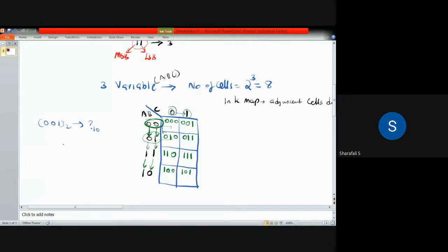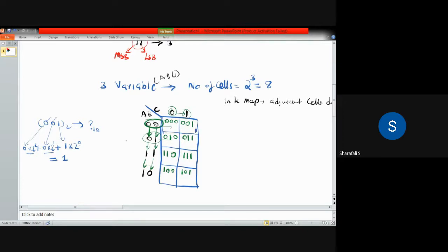We write 1 into 2 raised to 0, plus 0 into 2 raised to 1, plus 0 into 2 raised to 2. These two terms become 0, and 1 into 2 raised to 0 is 1 itself. So 0 0 1 is 1.